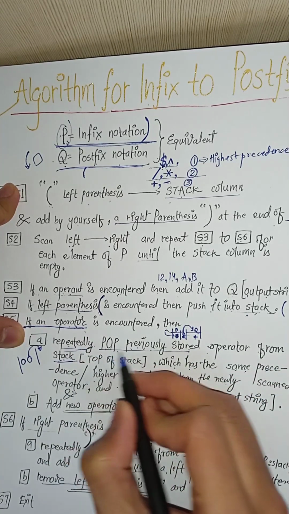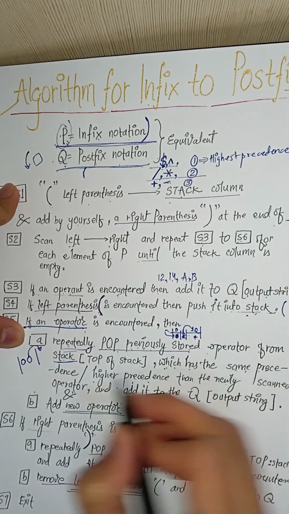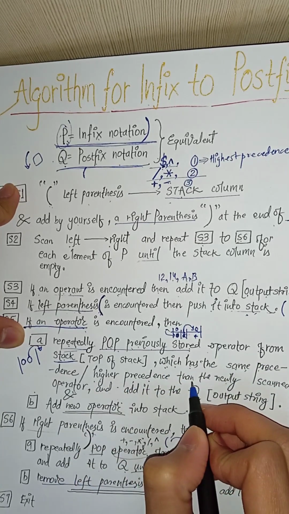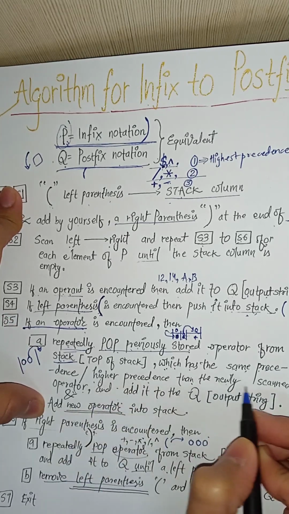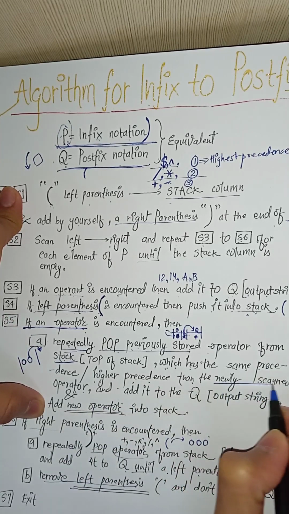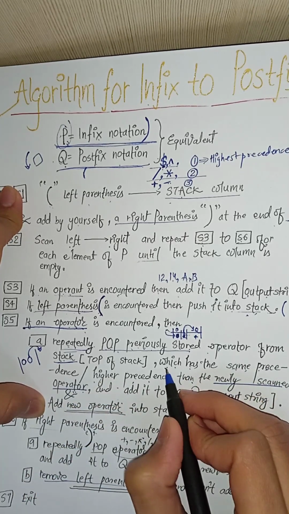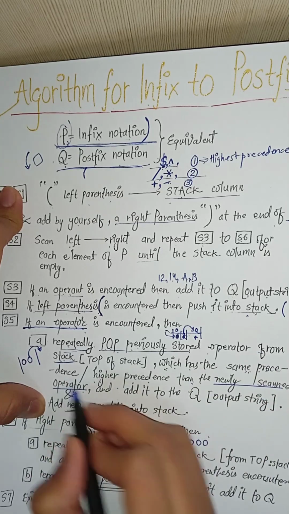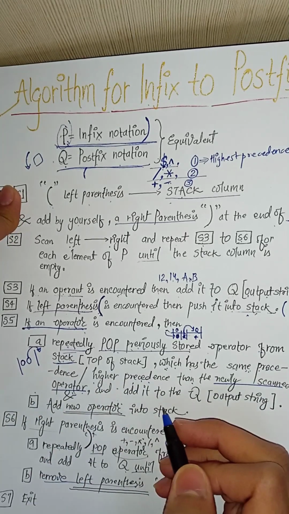Pop the operators which have the same precedence or higher precedence than the newly scanned operator. Suppose you have taken a new symbol from infix notation, that is P, then the stack operator should have the same or higher precedence to be popped.